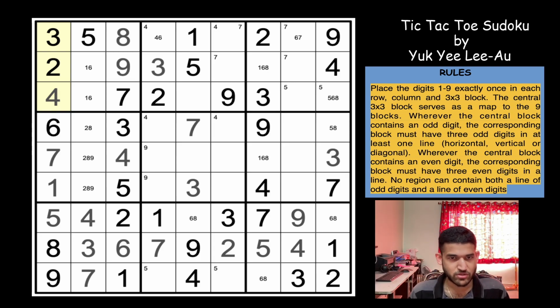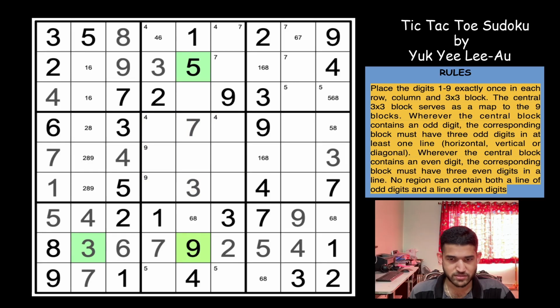a lot. So if you find boxes where you see a central cell as odd, then you can be sure that the corresponding cell in box middle 5 would also be odd, because they can't be even.